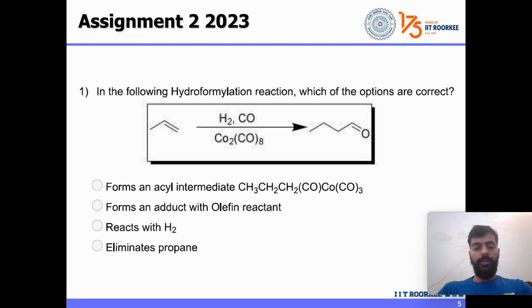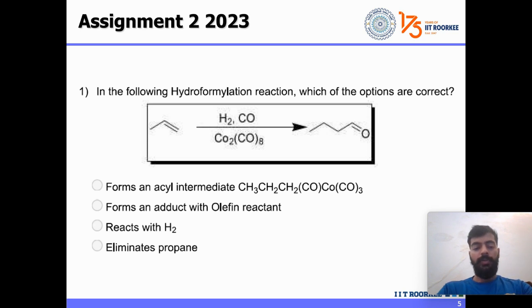The question is, in the following hydroformylation reaction, which of the options are correct? Alkene reacted in the presence of hydrogen and carbonyl with the cobalt catalyst and resulted in a carbonyl compound.